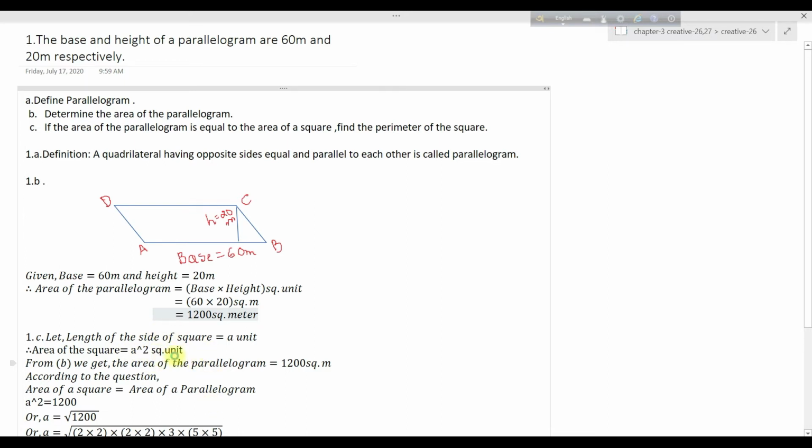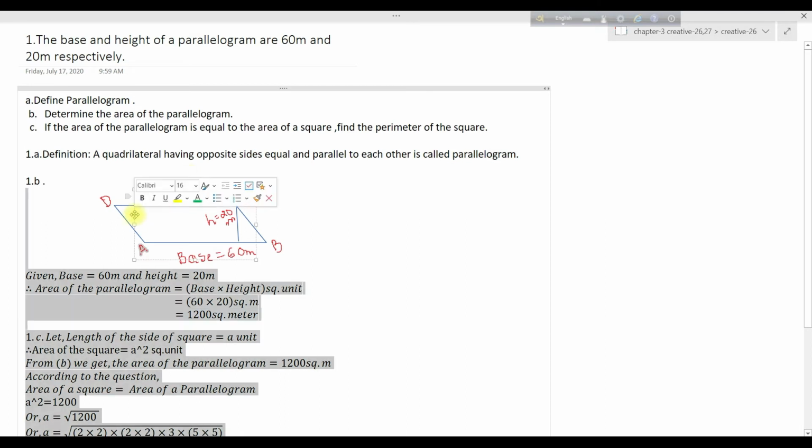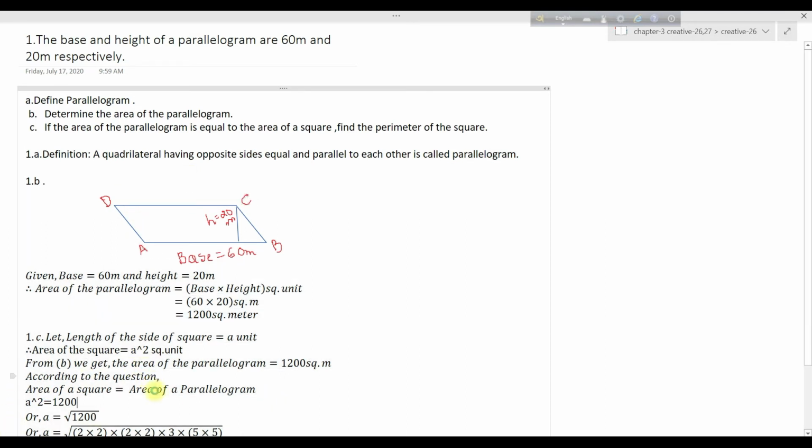All of you just remember, if no unit is given, you have to write square unit. From part b, we have found that the area of the parallelogram is 1200 square meter. From the statement of the question, the area of a square is equal to the area of a parallelogram. So now a square equals 1200.